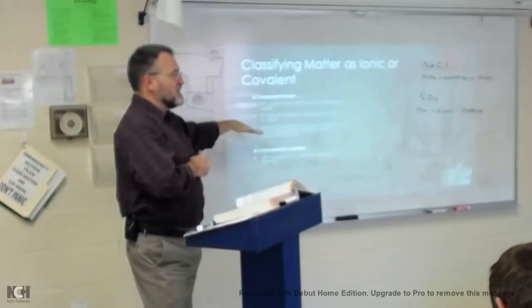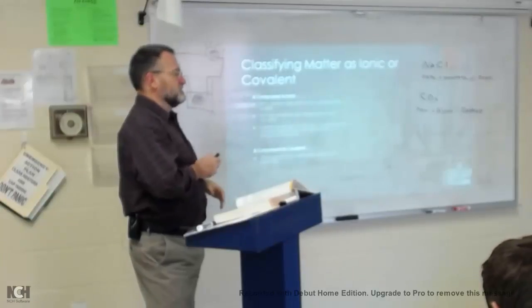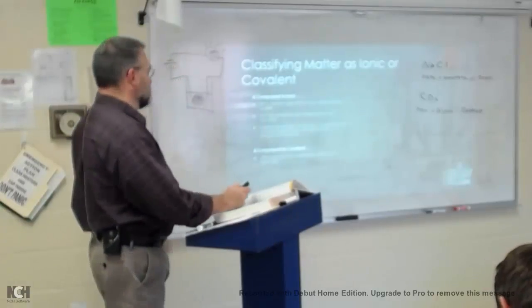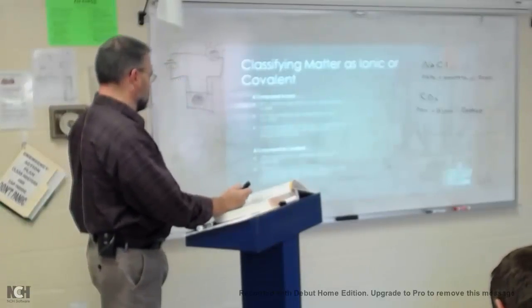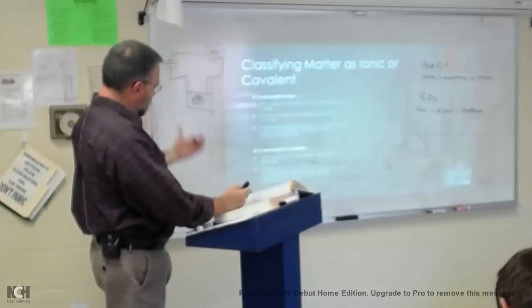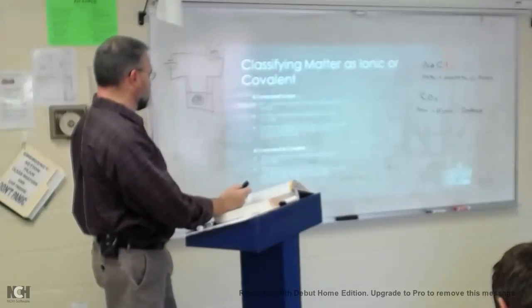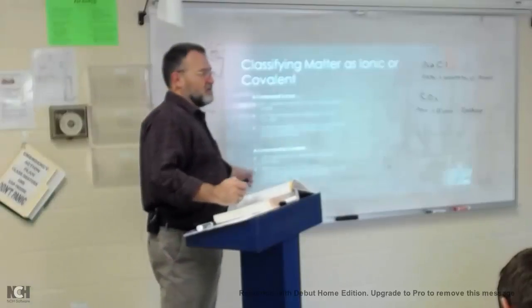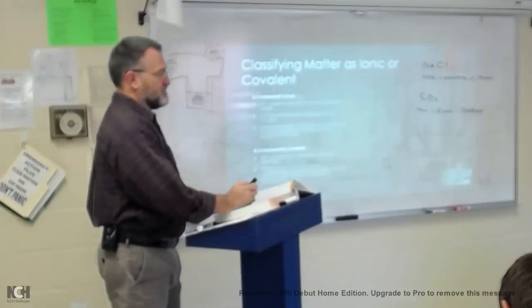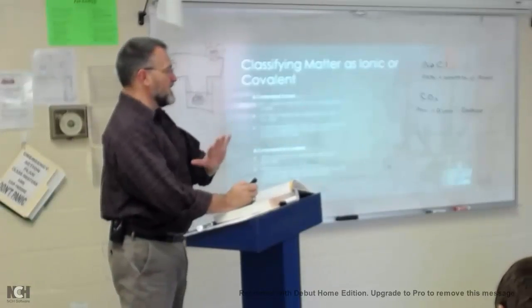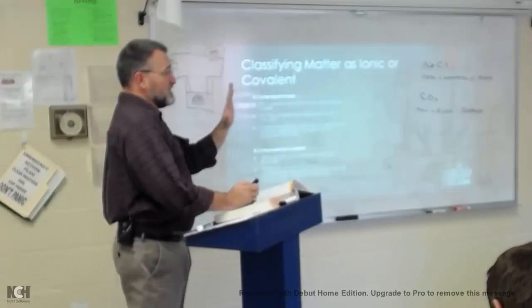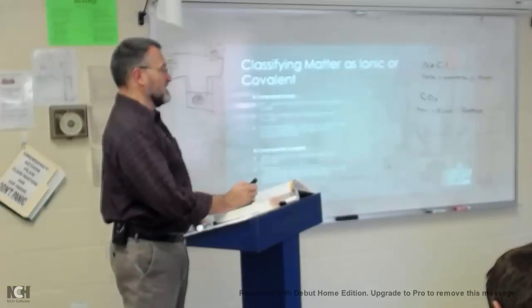And if it doesn't have a metal in it, it's covalent. What the words ionic and covalent mean, we'll get into that a little bit later in the course. So there are exceptions. Those are polyatomic compounds. And again, we will get into those later. It's a special case. For right now, it either is covalent or ionic based upon if it has a metal in it, it's ionic. If it doesn't, it's covalent.